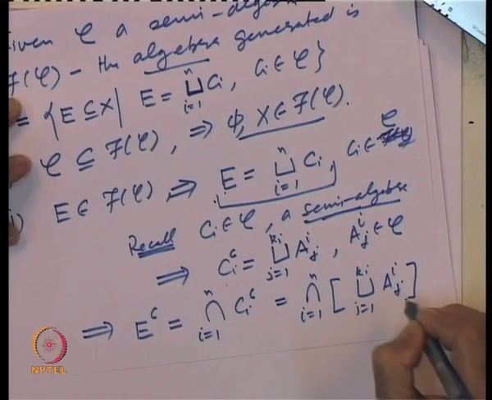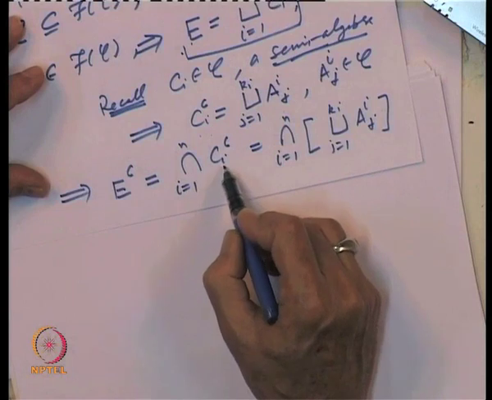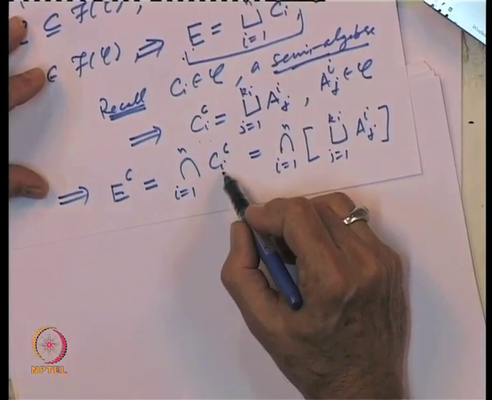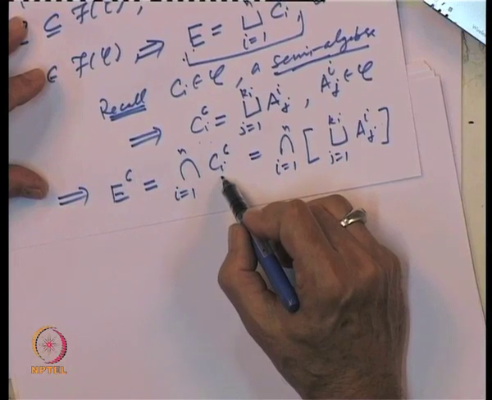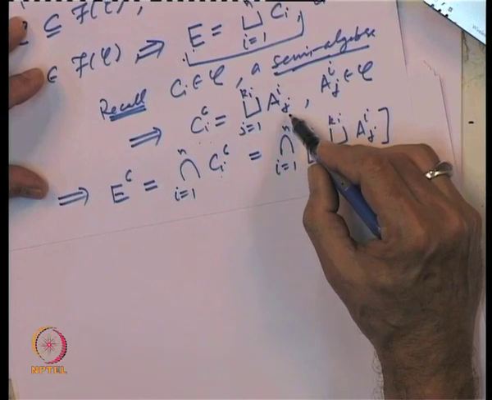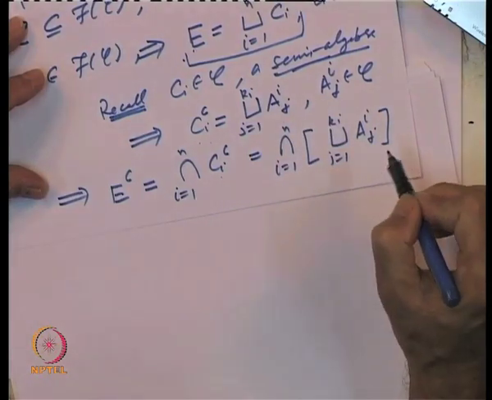So, here we have used the property, namely that E complement by De Morgan laws is the intersection of C i complements, because E is a union of C i's, and each C i complement, being an element of the semi-algebra, can be written as a disjoint union of elements A i j. So, that is the representation.